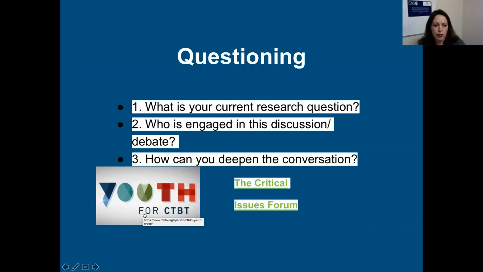I put a couple of hot links on these two pictures. The Youth for CTBT link will take you to the youth group page. There's an amazing amount of resources that youth have already produced and engaged on this topic. So it's a great starting place to see what conversations are already happening, what research material has already been produced, and how a student or a team could add to that conversation.